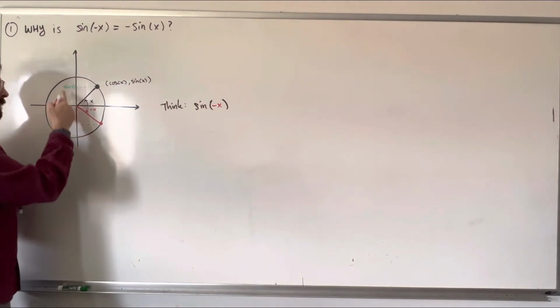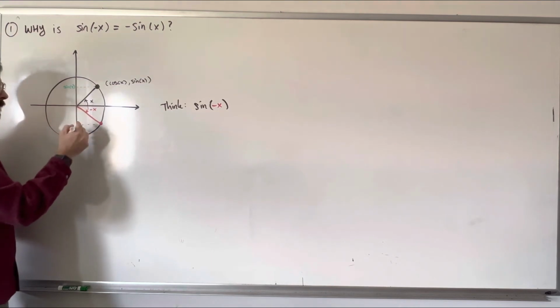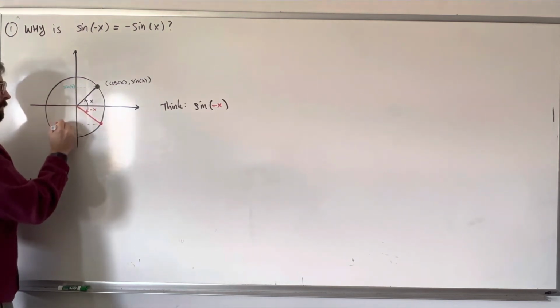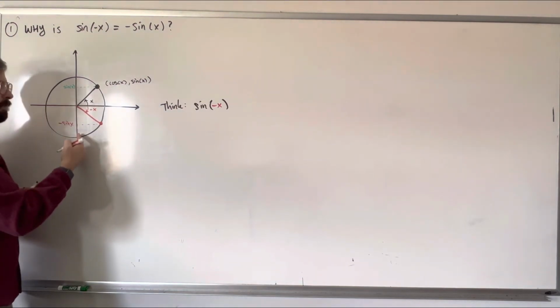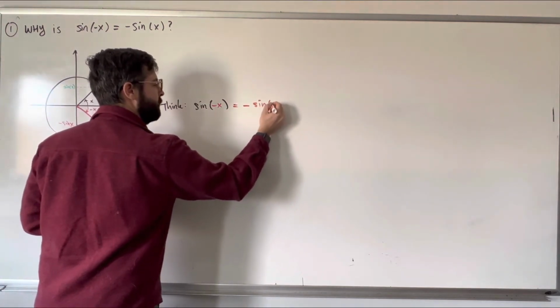Symmetrically, it has to be the same length as sine x. If this was 0.7, this would be 0.7. But since we're on the coordinate axis, I'm in the negative quadrant down here, so this has to be negative sine x. That's it.